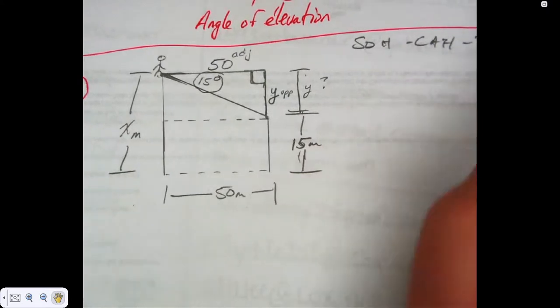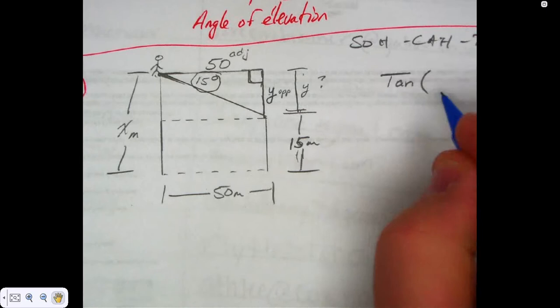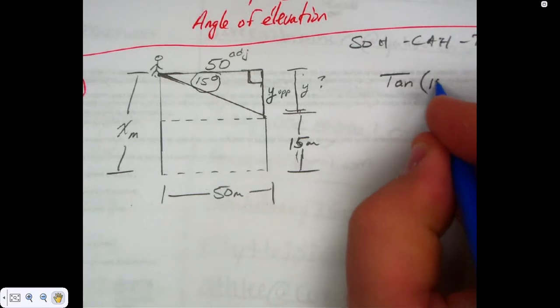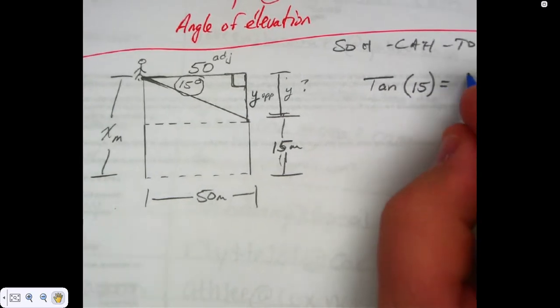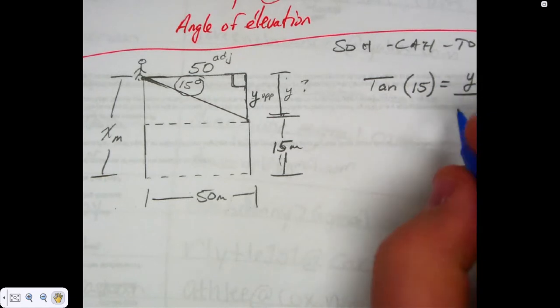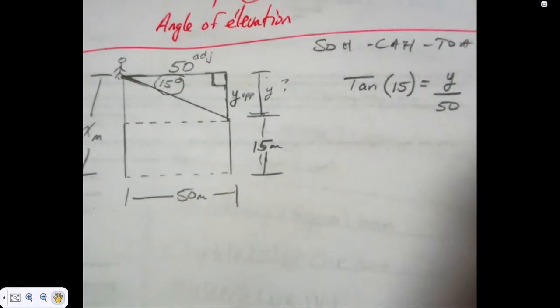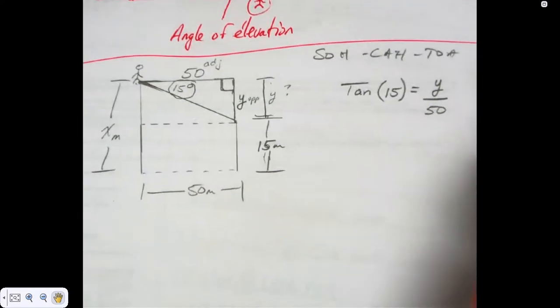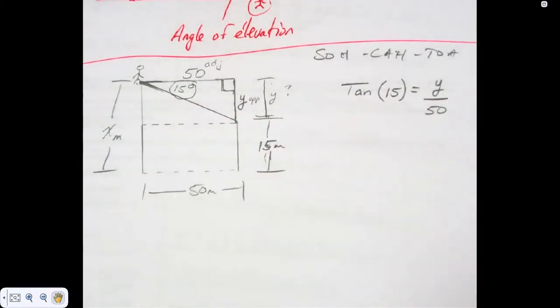TOA, that's what? Tangent. So I would say the tangent of what angle? 15 is equal to my opposite, which is what? Y over my adjacent, which is what? Now isn't this just like the problems you've been doing? So what these problems are is the use of trig functions in everyday life.